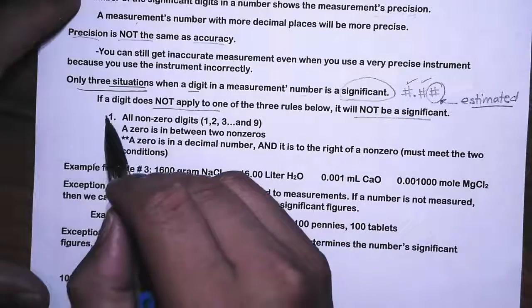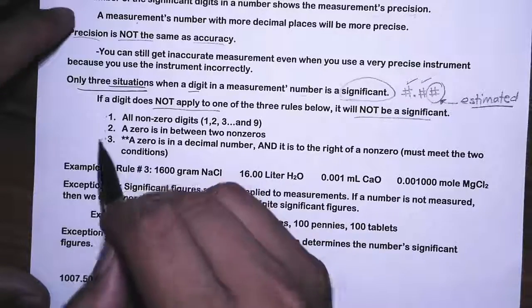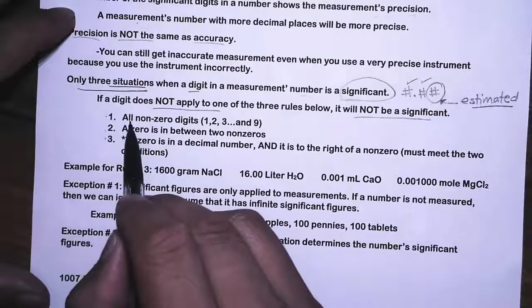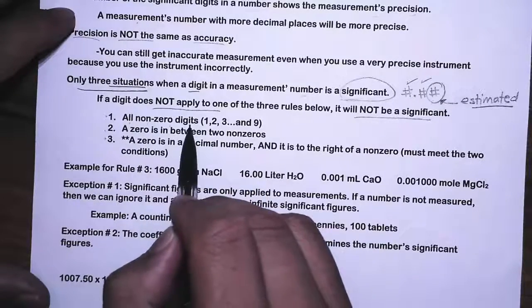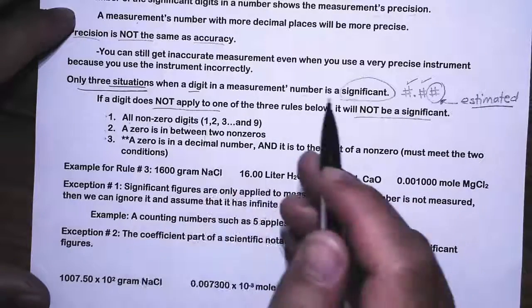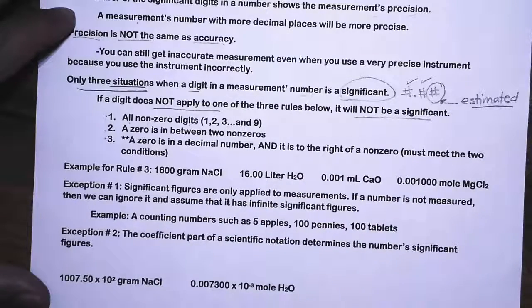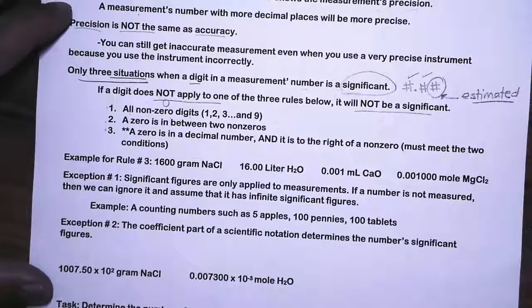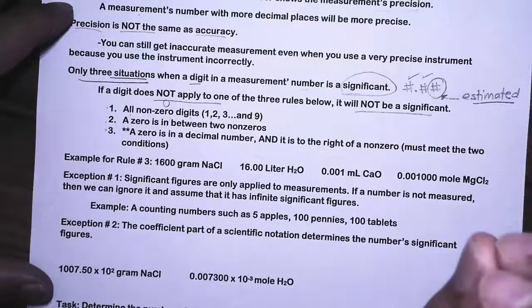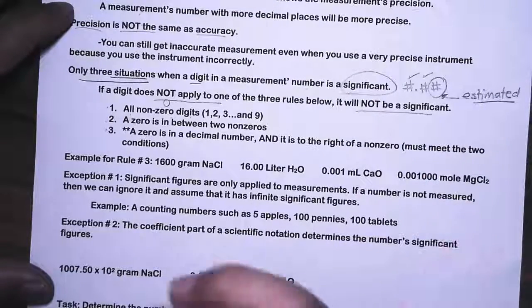So it must apply to one of the 3 rules. The first rule is all non-zero digits are significant. 1, 2, 3, all the way through 9, they are non-zero. And what is 0? Of course, that is a 0. Now we're going to talk about the 0.